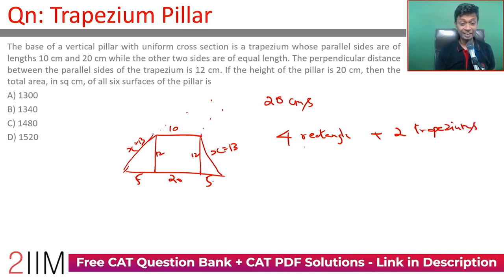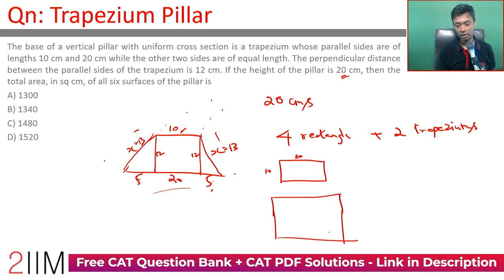For the 4 rectangles, one side will be the height. The other side will be 10, 20, 13 and 13. So we'll have 4 rectangles, one measuring 10 by 20, one measuring 20 by 20 and 2 measuring 13 by 20.